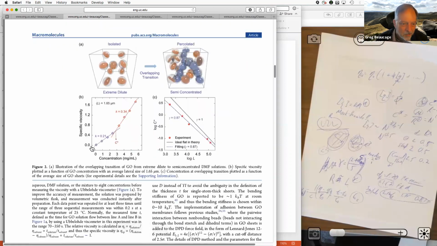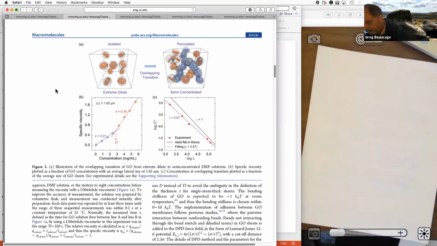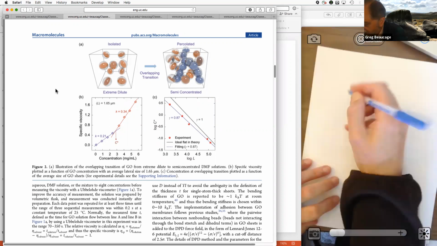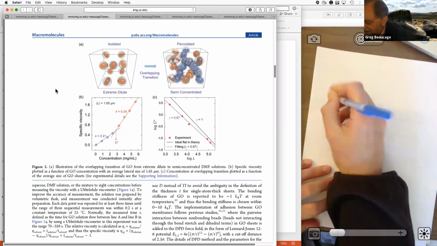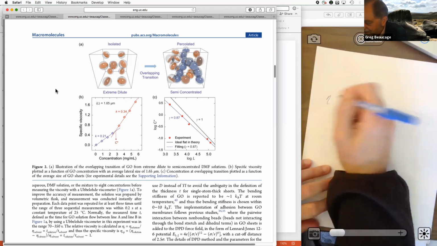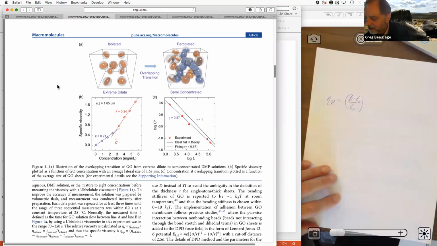So he goes across. This is the specific viscosity. That's your time minus time zero over time zero, right? That's the specific. That's where he's getting the specific viscosity from.